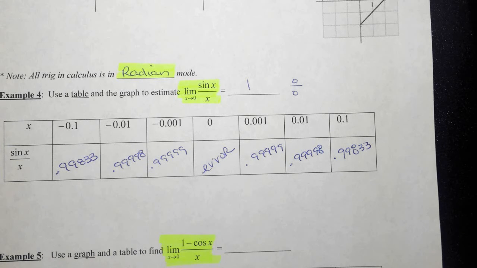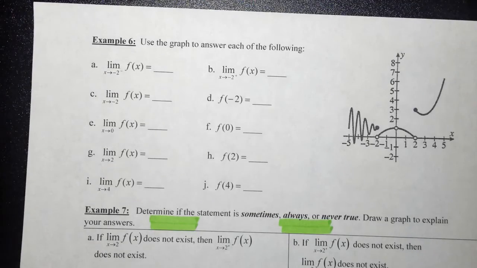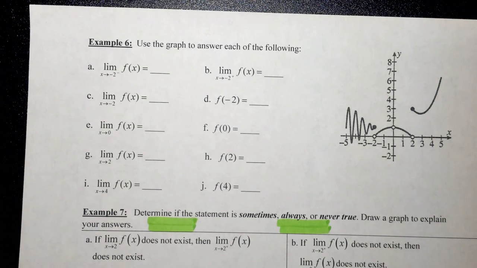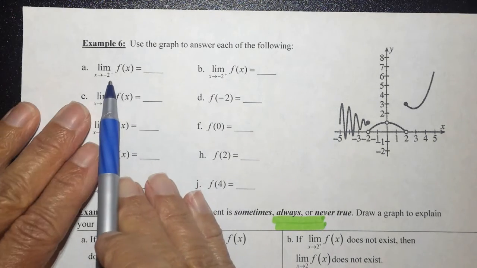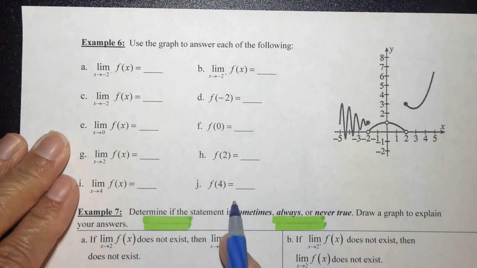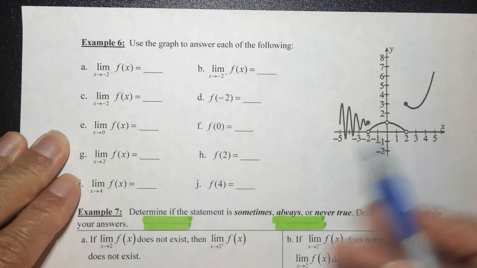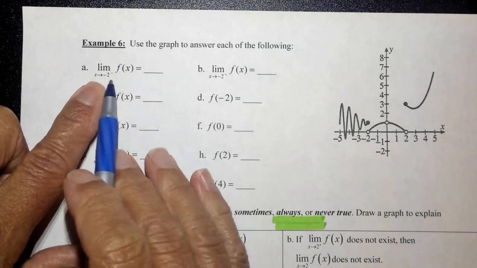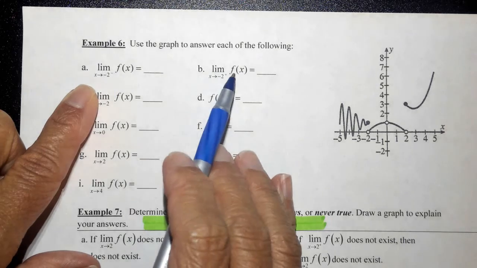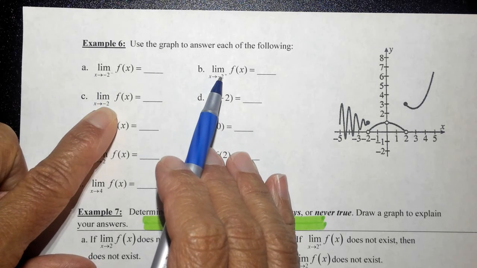Okay, with that said, we would need to take a look at the limit, meaning a graph. So what I'm going to do is take a look at a couple of these graphs here, or these limits here, and see what happens. So what we want to do is take a look at the left-handed limit, right-handed limit, and then what's going to happen overall.